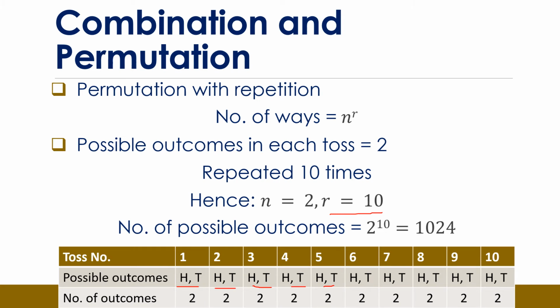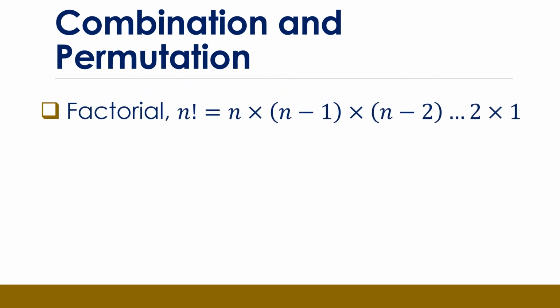If repetition is not allowed, then we have to use a different way of counting. In that case, we use the factorial. The factorial of a number n is the product of all positive whole numbers less than or equal to n, which is read as n factorial, n with an exclamation mark.